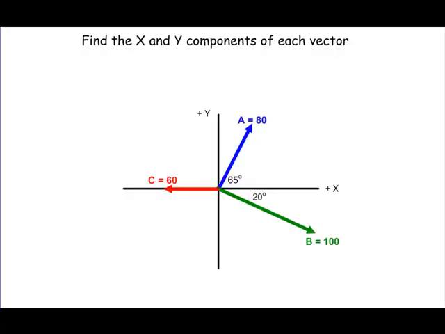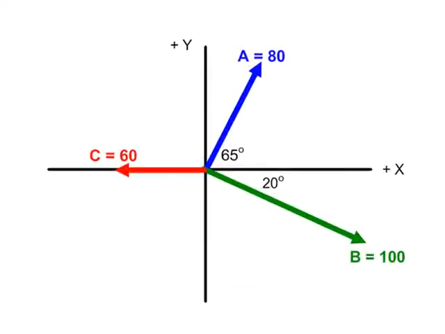To find the resultant algebraically, we need to first find the x and y components of each vector. So the x component of vector A is right here, and the y component of vector A is over here.